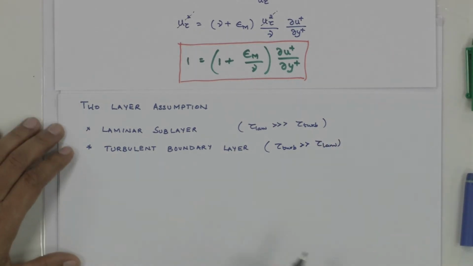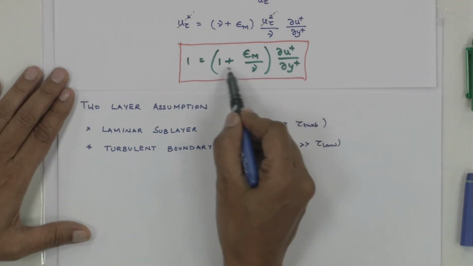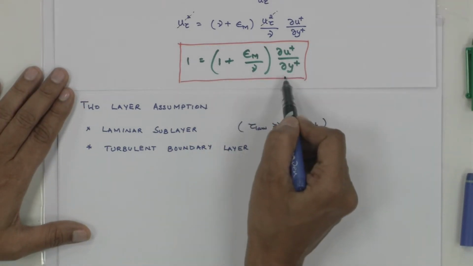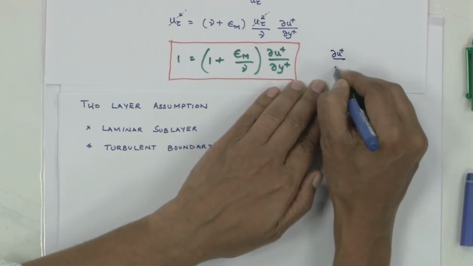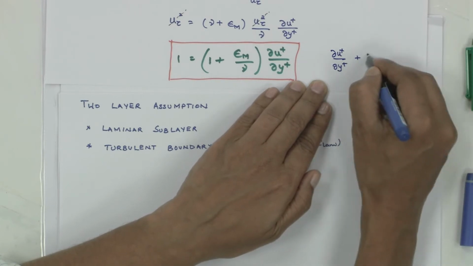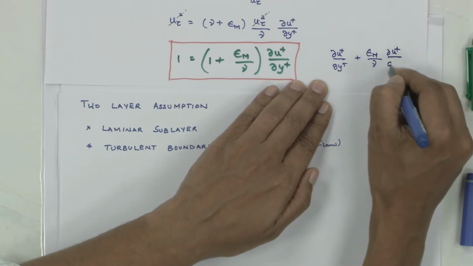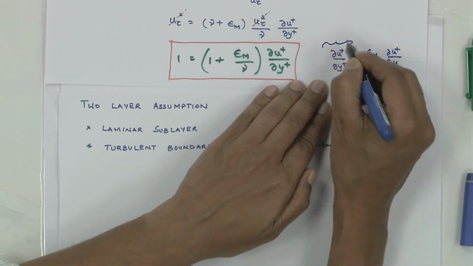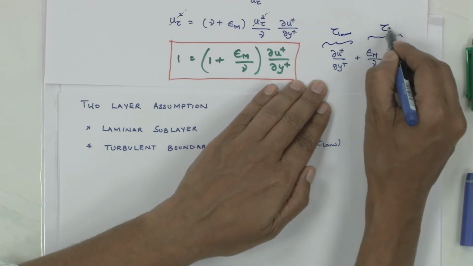So in the laminar sublayer, this equation is del u plus by del y plus, plus epsilon m by nu del u plus by del y plus. This first term is tau laminar, and this second term is tau turbulent.